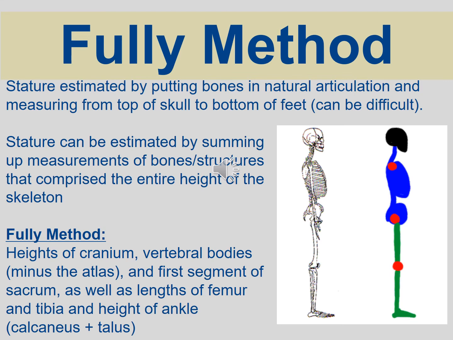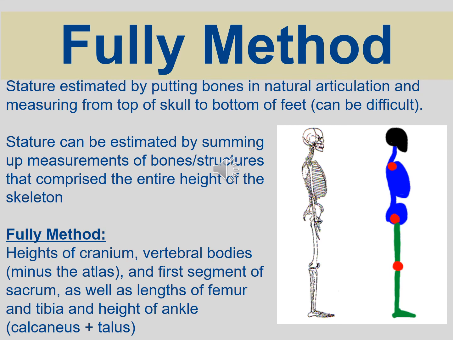So if you have all the skeletal elements at your disposal from a crime scene, you can actually put the bones in their natural articulation state. And then you can measure each one of these components, add the heights together, and that would equal how tall someone is.